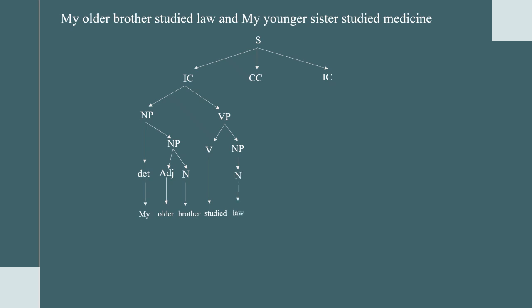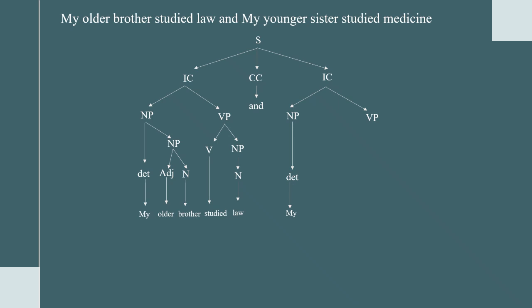Since, again, it is a compound sentence, we use the word and to join the clauses. Same with the other independent clause, we have two branches for noun phrase and verb phrase.